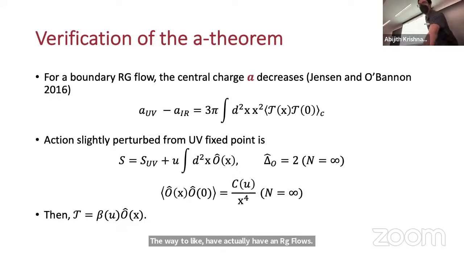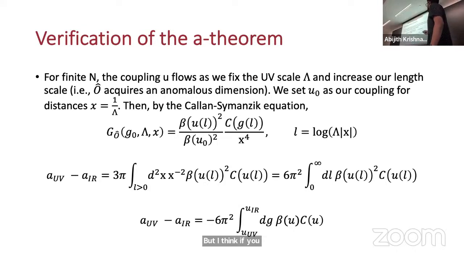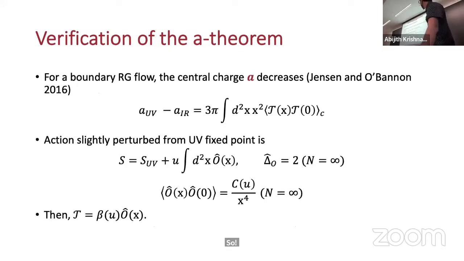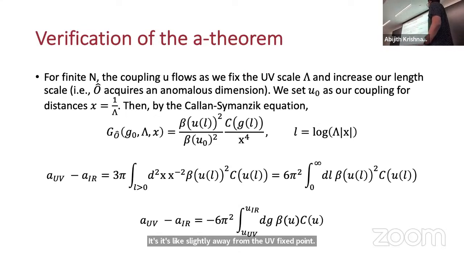But if you go to this expression here, in principle, this U is not the UV U, it's U slightly away from the UV U, but we take the limit as it approaches the UV U. Oh, I see.